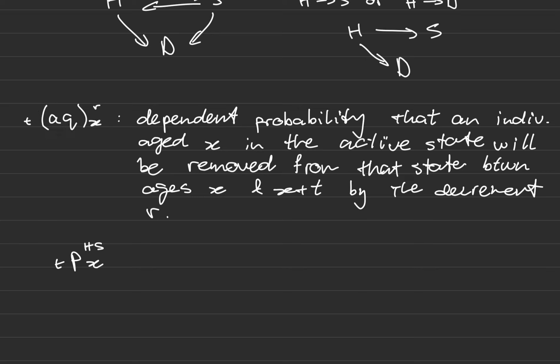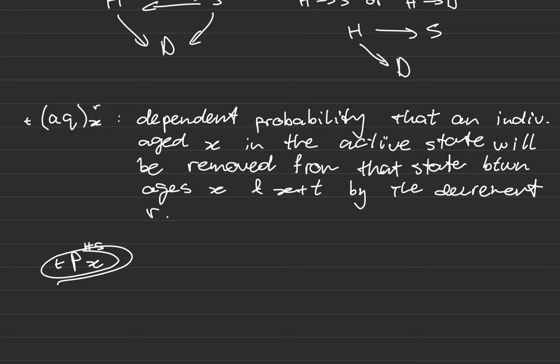All I care is that between ages x and x plus t, the life is removed from the healthy state by sickness. Here, the person can become sick, they can become healthy again, they become sick again, they can stay in the sickness state all the way up until x plus t. It doesn't really matter as long as at age x plus t, they're in the sick state.